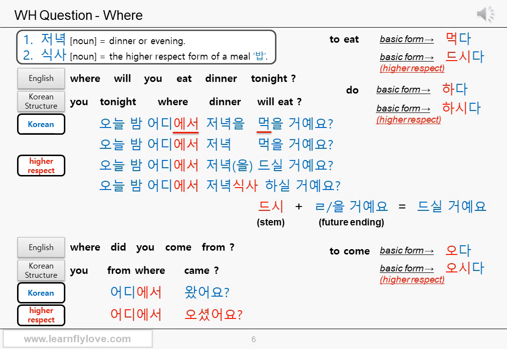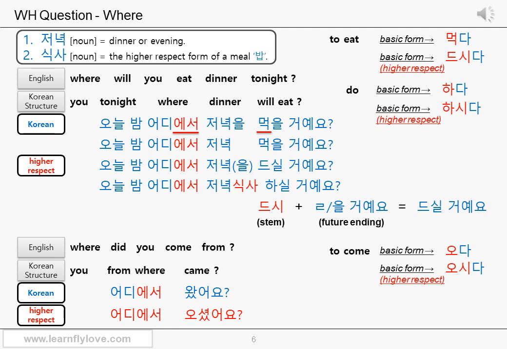The second one is using the higher respect form of the noun dinner. 저녁 means evening, and 식사 is the higher respect form of the noun meal. Therefore, 저녁 식사 is the higher respect form of the noun dinner, as we explained.